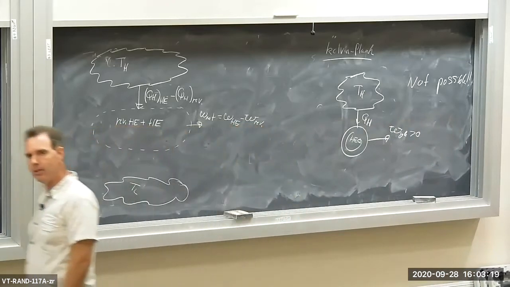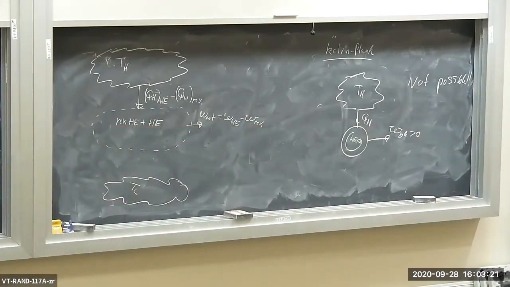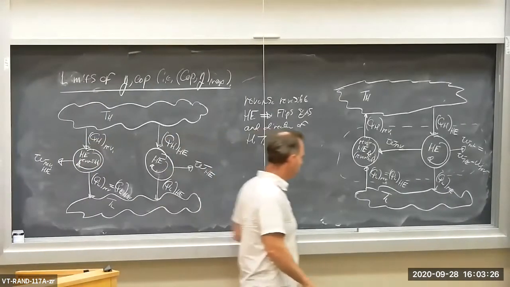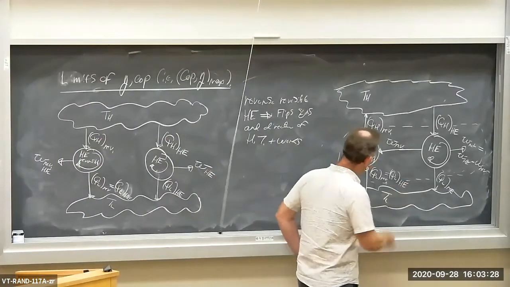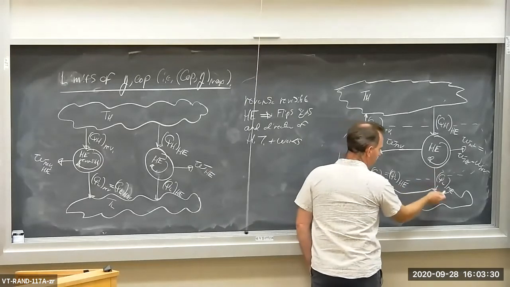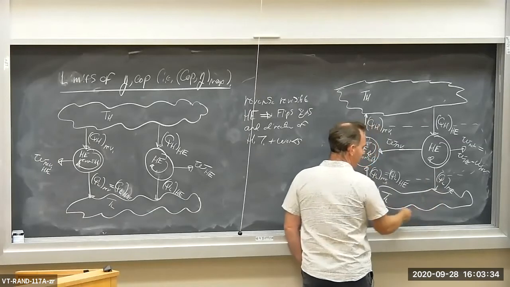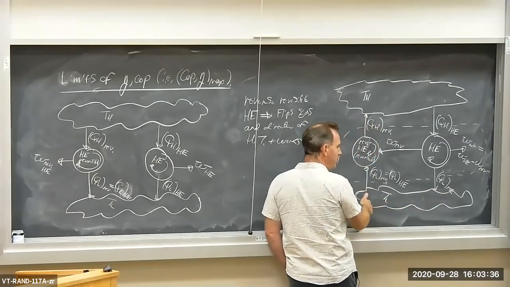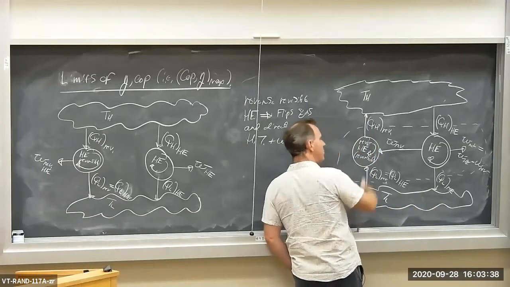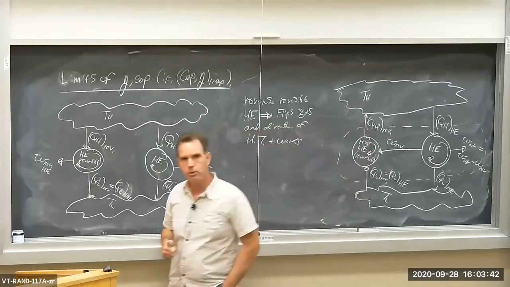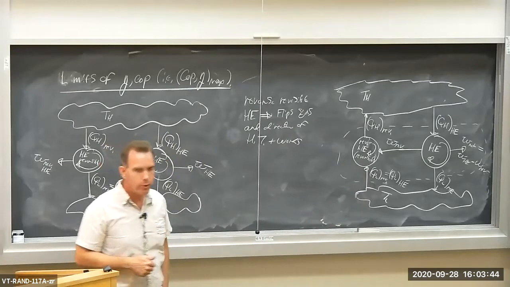What's my net heat transfer to the low temperature reservoir? What's the net heat transfer? Well, I have QL from the heat engine being rejected to the low temperature reservoir, but I have equal and opposite amounts of heat being extracted from the low temperature reservoir to power my reversible heat engine.